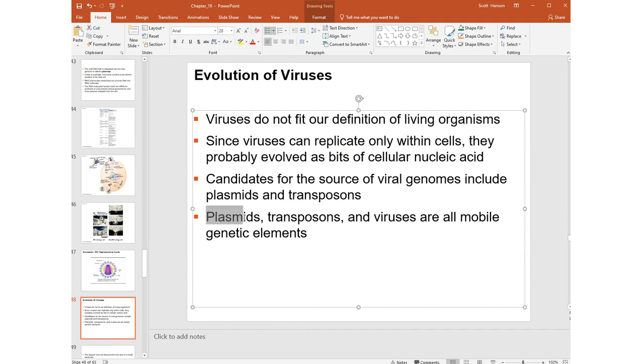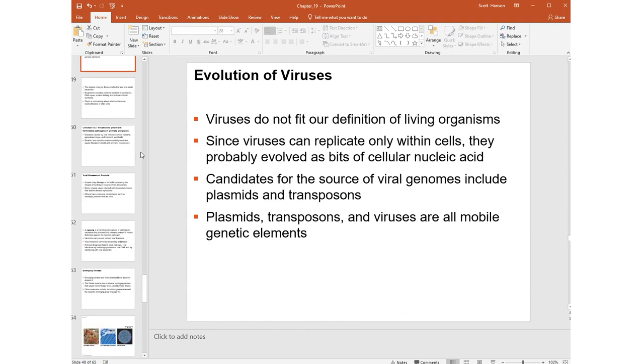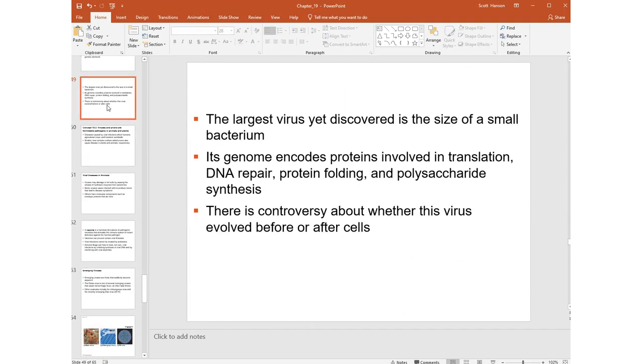And so the plasmids and transposons and viruses are all mobile genetic elements, and so they're thinking maybe the original viruses were actually either plasmids and/or transposons, and then acquired new characteristics and some new abilities.